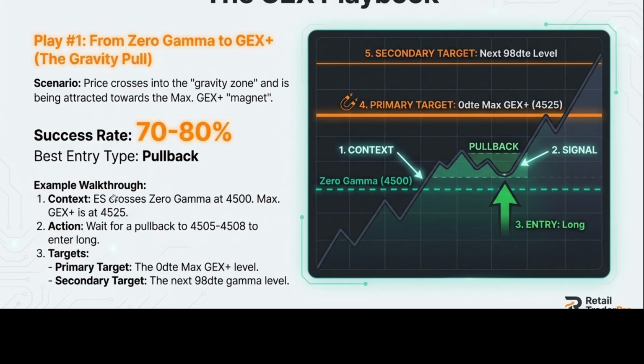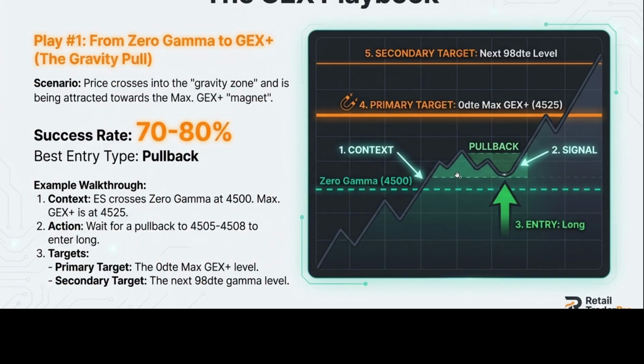This is an example: zero gamma is at 45.00 here, then the max GEX is at the 45.26 level. What you have to do here is wait for a pullback at that point and enter long.